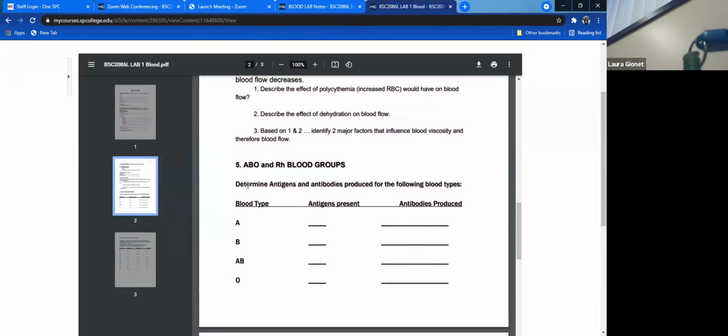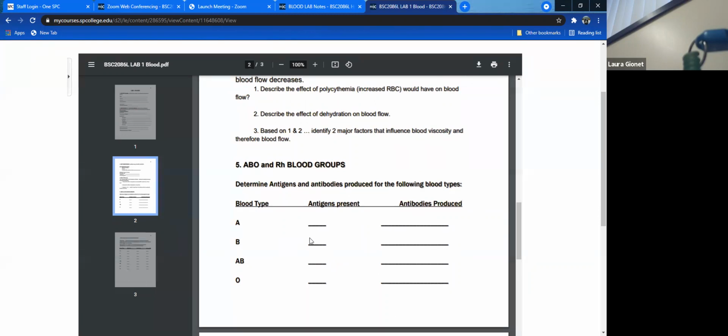All right, then we go to determine antigens and antibodies produced for the following blood types. So this is for you to fill out as an exercise. If I'm blood type A, which antigen is on my cell surface and which antibodies do I automatically produce? So we said, if we're blood type A, it means A antigens are on the cell surface and I produce B antibodies, right?